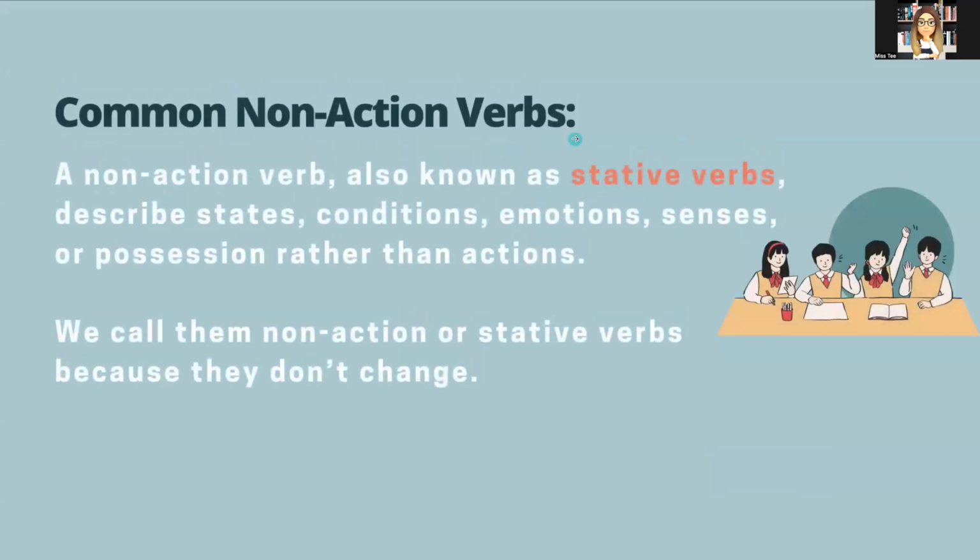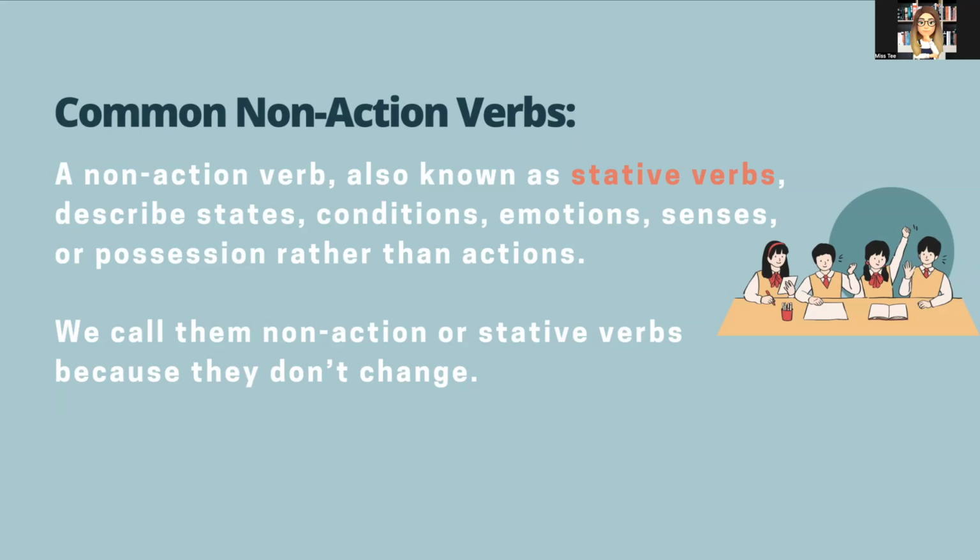Now, I'm going to tell you some of the most common non-action verbs that are irregular. If you're not too sure what a non-action verb is, I'm going to tell you. A non-action verb is also known as a stative verb. And what it does is it describes states, conditions, emotions, senses, or possession rather than actual actions. So an action is run, jump, walk, talk.